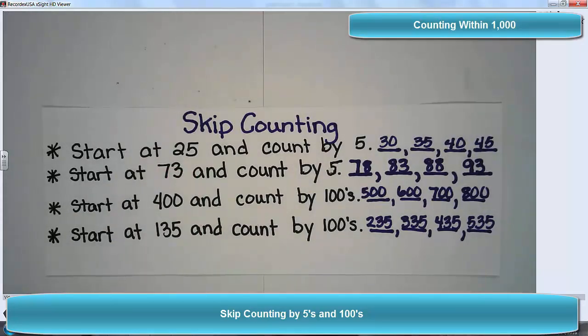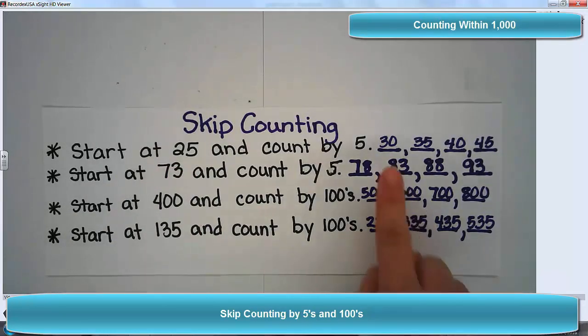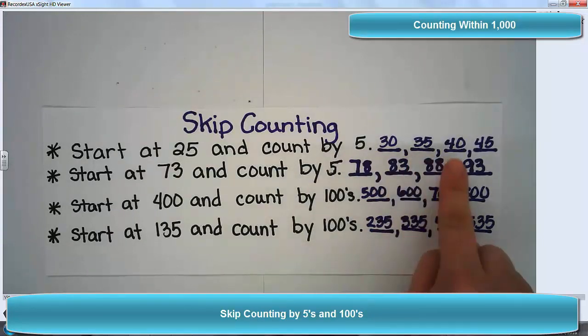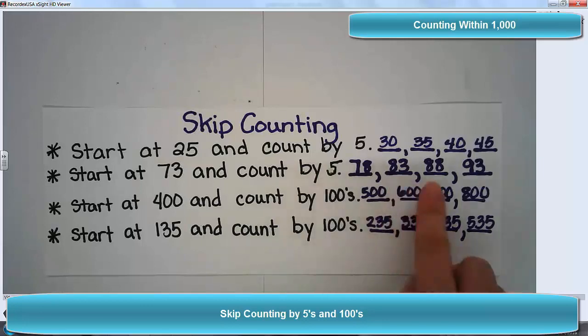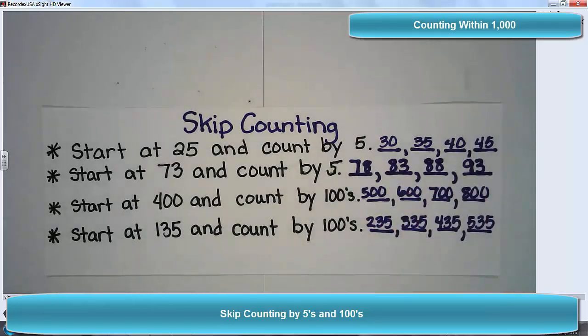Here, a student will continue counting by fives, saying 30, 35, 40, and 45. A teacher might also get a little bit more difficult, starting on a number that doesn't end in a 5 or a 0. They may say start at the number 73 and count by fives. Here, a student will need to continue counting by fives, saying 78, 83, 88, and 93.